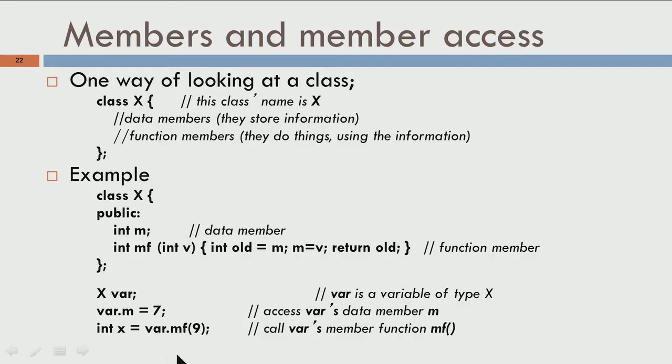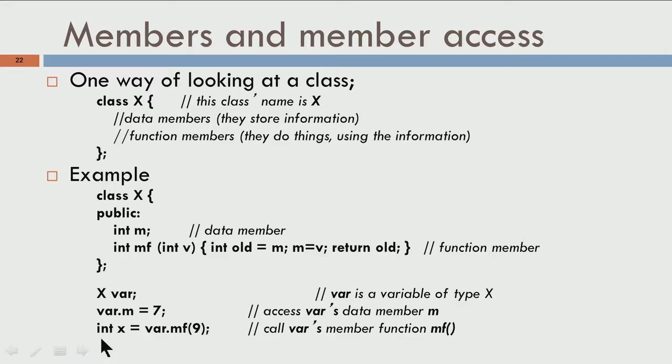Interestingly, you can do something like this. We can do var dot mf of 9, right. What this will do is it will take the value 9 and supply that to this class. So, if the previous value that you contain is 7, you will get this small case x to be the value 7, but you set it to 9.